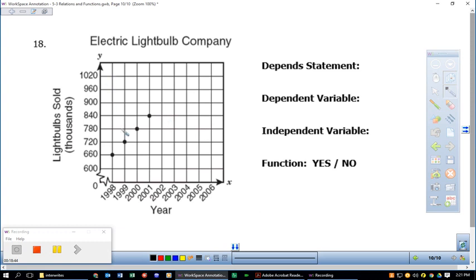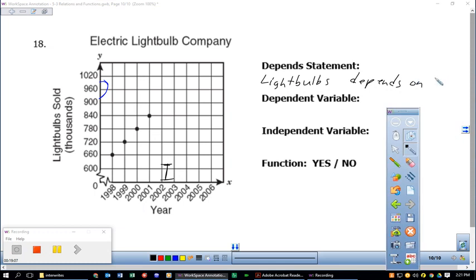Last, dependency. We have that light bulbs is our dependent. So our light bulbs depend on the year, because years are independent.